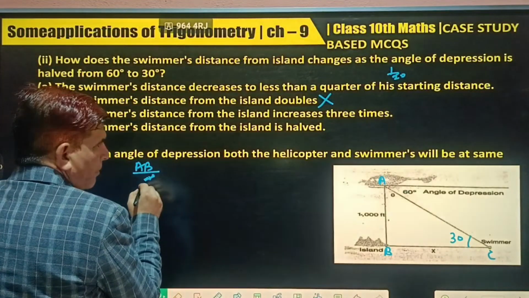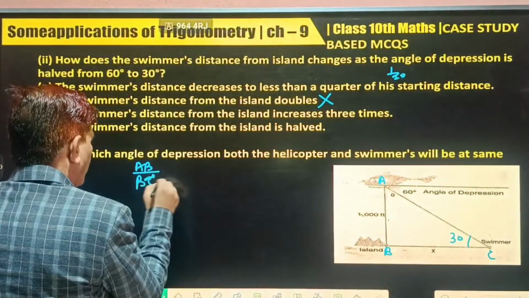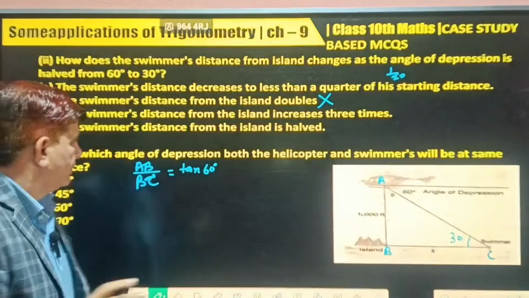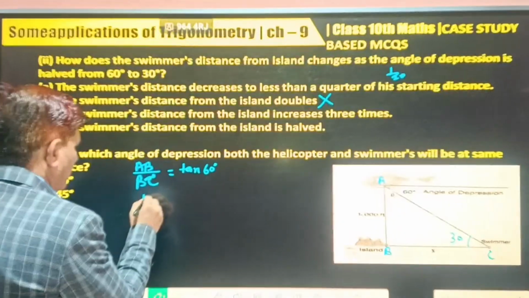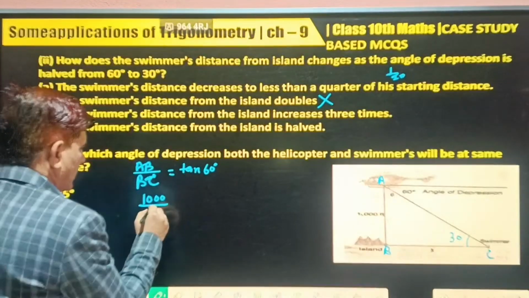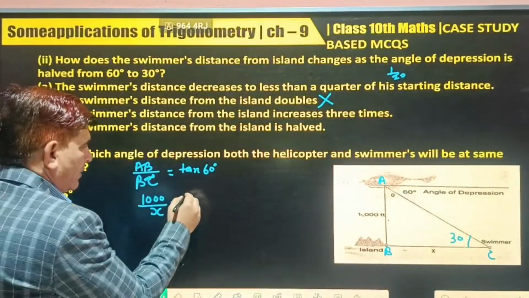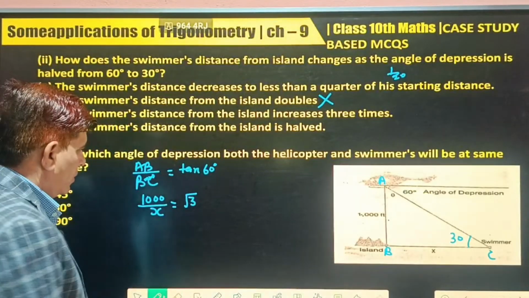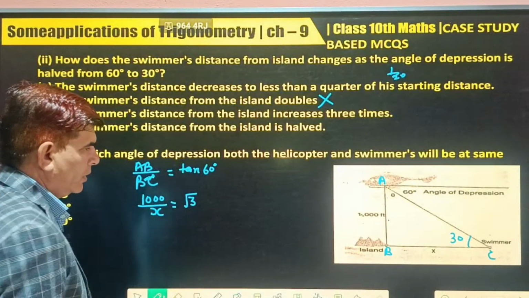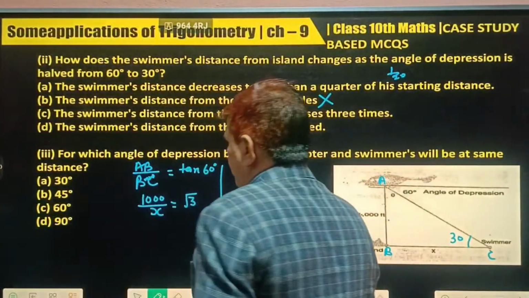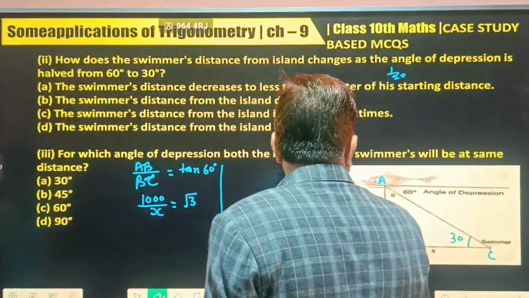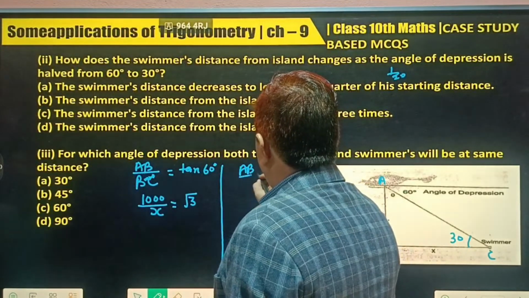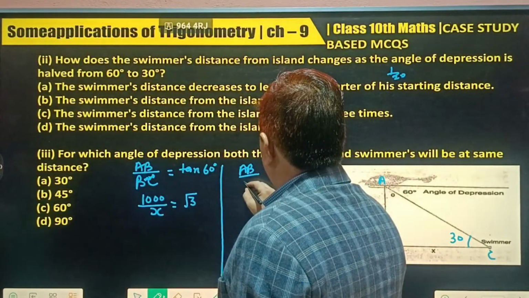AB by BC is equal to tangent 60 degree, the starting angle. AB is 1000, so 1000 by X is equal to under root 3. Yes or no? What happens if the angle is 30 degree?